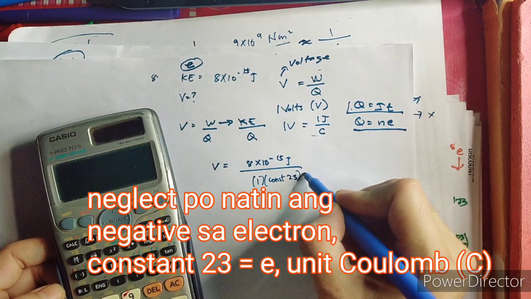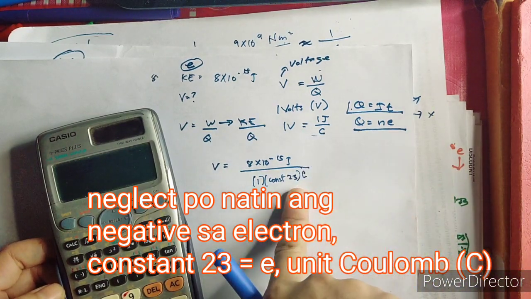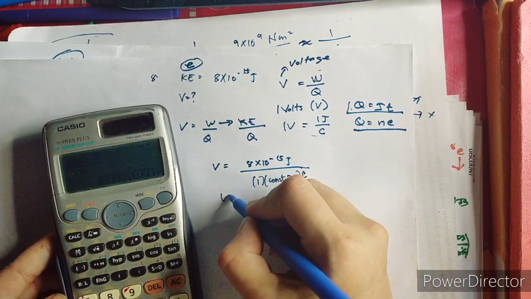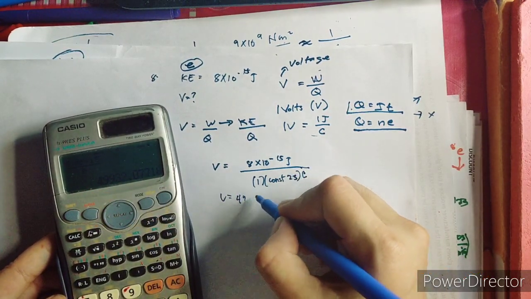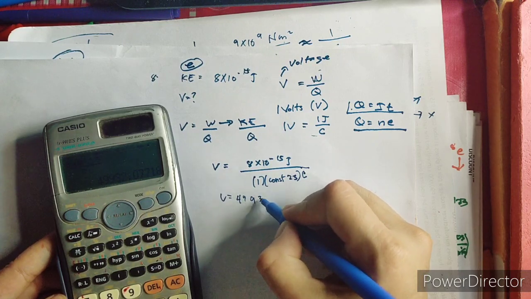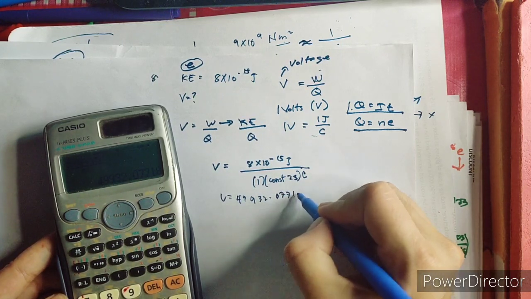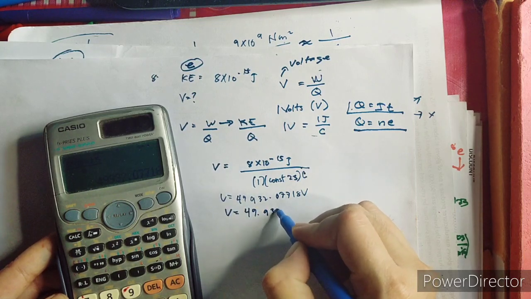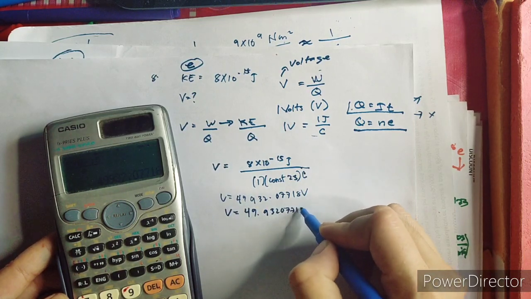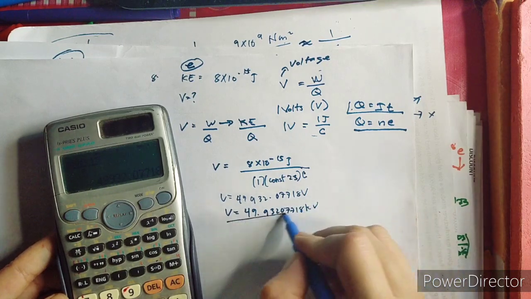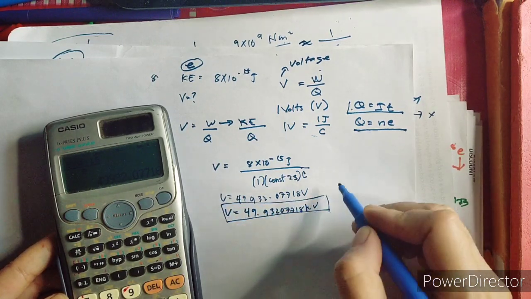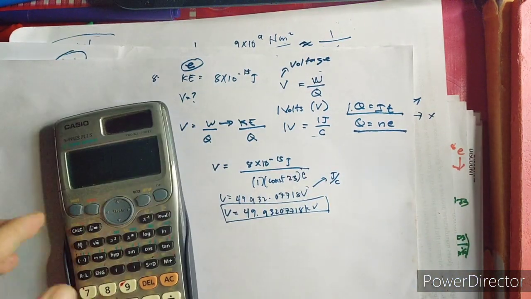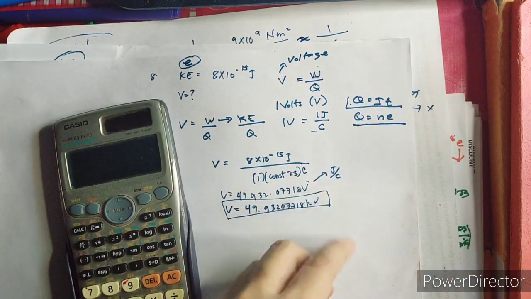So, this is coulomb. Unit ng charge ng electron is coulomb. So, V equals 49,932.07718 volts or 49.93207718 kilovolts. So, yan na yung voltage. Take note, joule per coulomb is 1 volt.